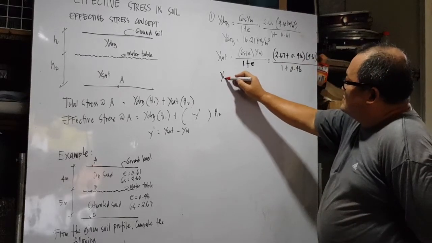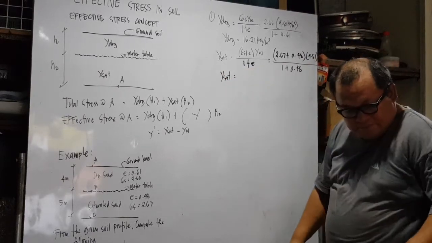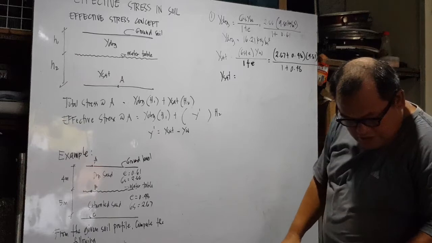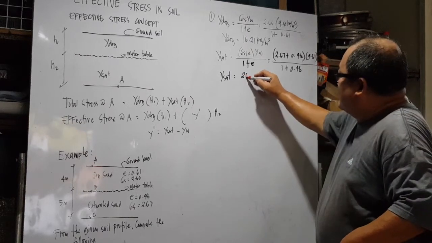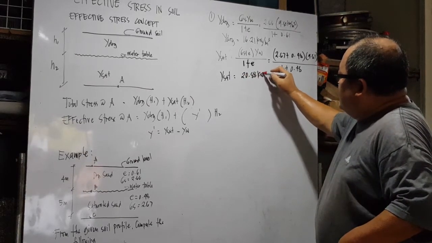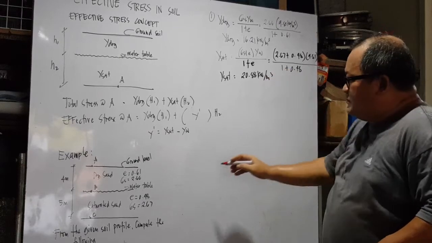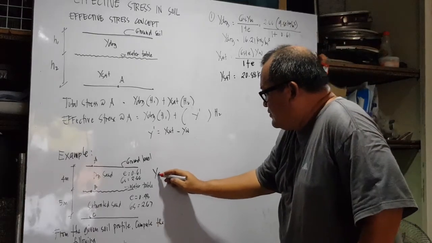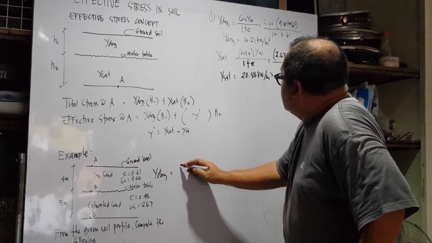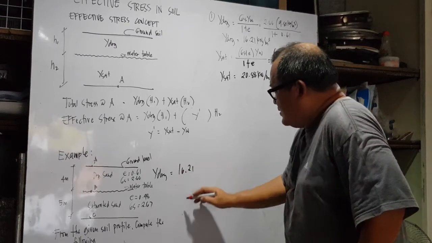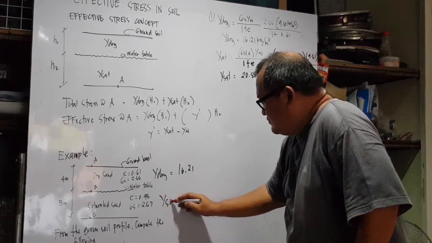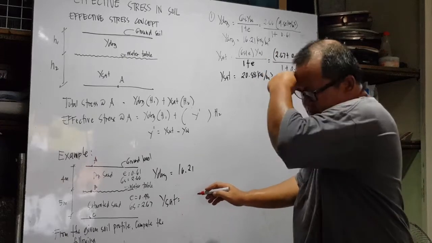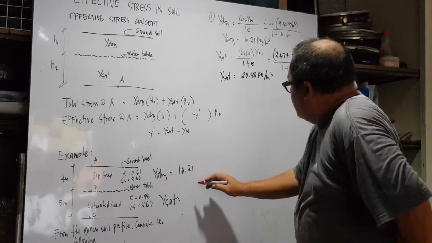Your Y sat is 20.88 kilonewton per cubic meter. So, batangan ko ka value: Y dry is equal to 16.21, Y sat is equal to 20.88.